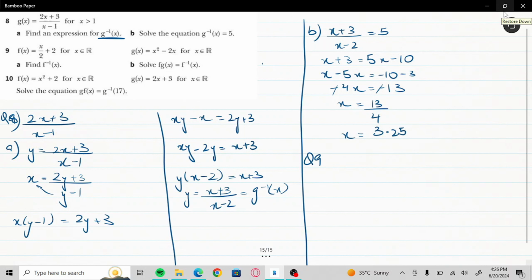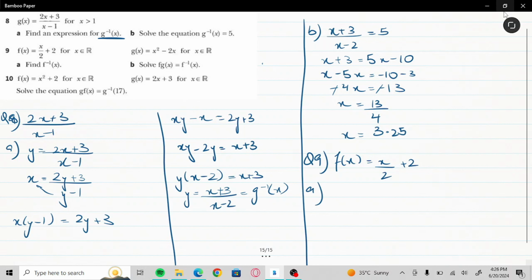Okay, for question number 9, we have f(x) is equal to x upon 2, plus 2. Sorry, I was just getting confused a little bit.